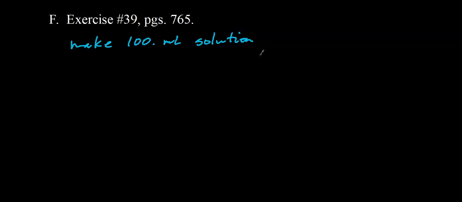So instead of calculating just the concentration of the ammonium needed to make this buffer, that's a pH of 8.70, let's say you wish to make 100 milliliters of this buffer solution. How many grams of NH4Cl would be needed to make this solution? Go ahead and pause the video and set that up.